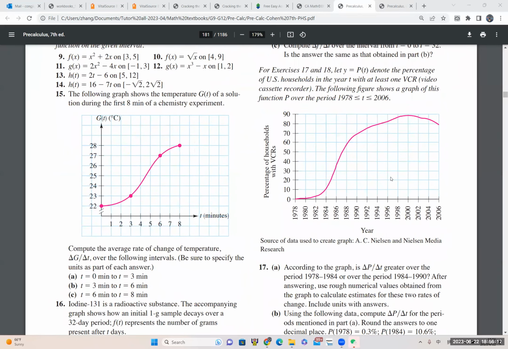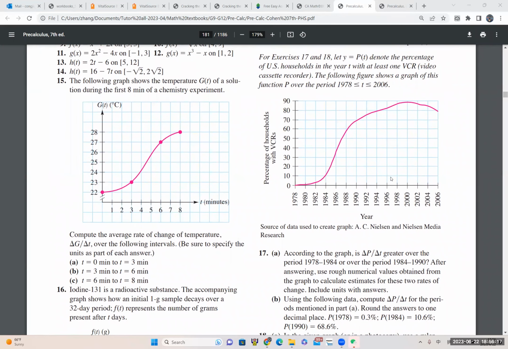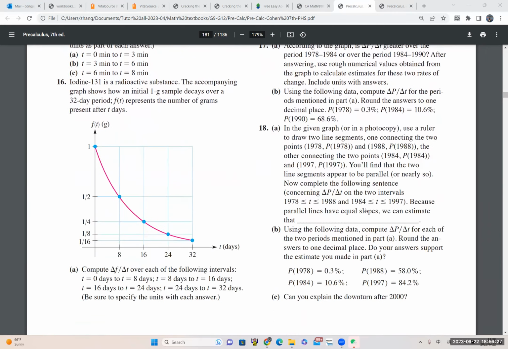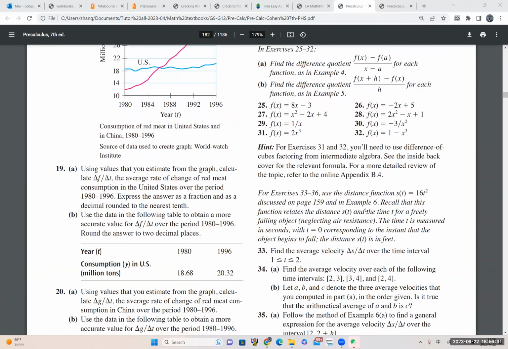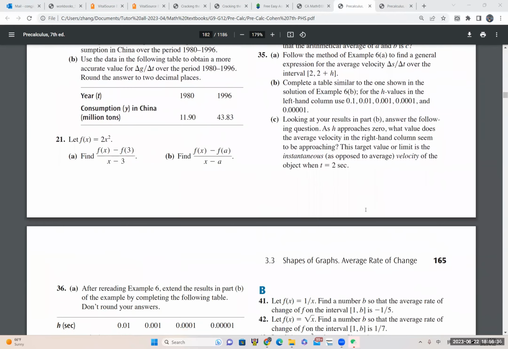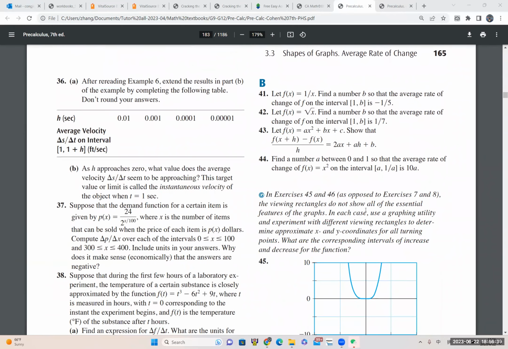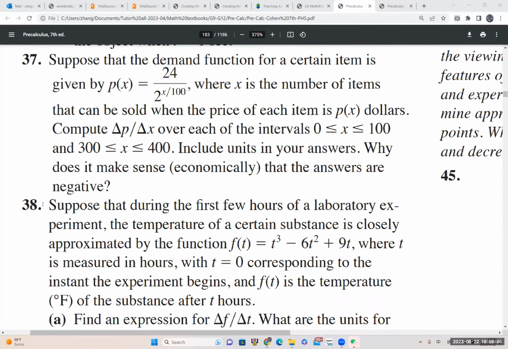I'm taking a snip of it too. Okay, I got it. Then I have 37. I still don't know what it is. 37, but suppose not easy. 37. Oh, okay. No drawing, no graph. Is the change in percentage of households with VCR?